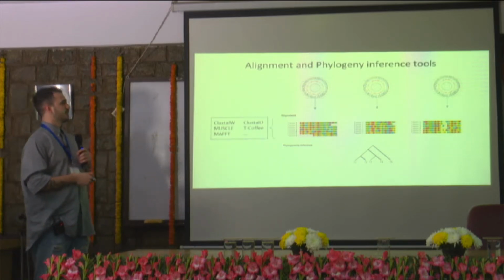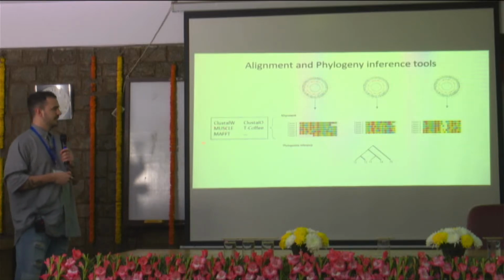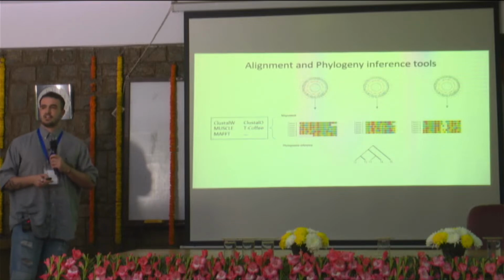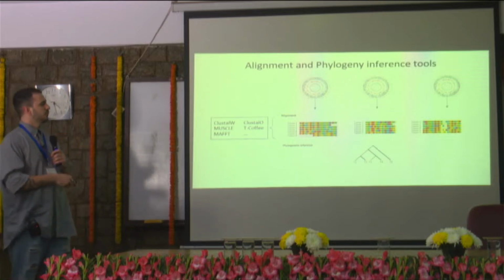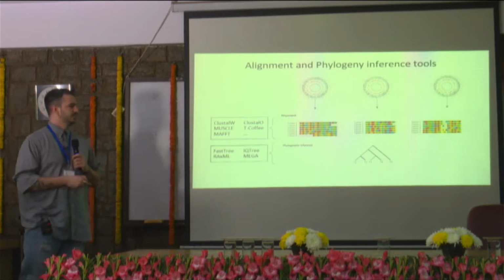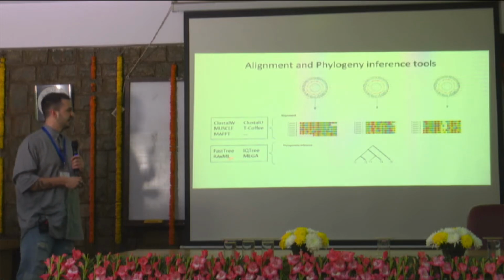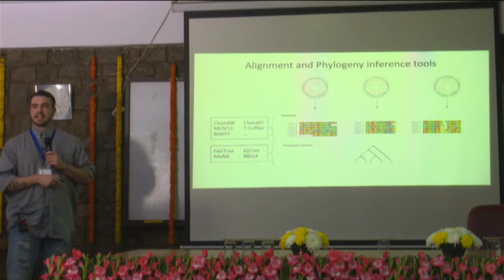For example, for the alignment step, you have tools like Clustal-W, MUSCLE, MAFFT, T-Coffee, and a lot more. Then for the phylogenetic inference, you also have a lot of different tools. Some of the most famous ones are FastTree, IQ-TREE, RAxML, and MEGA.